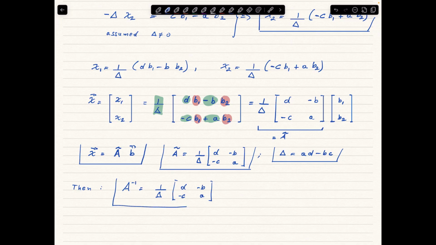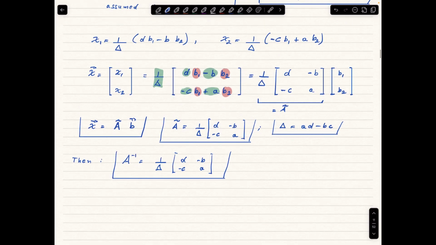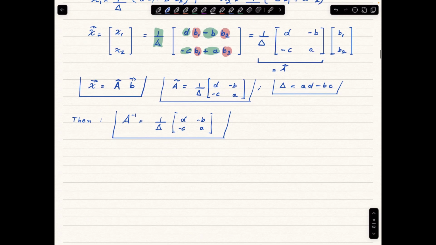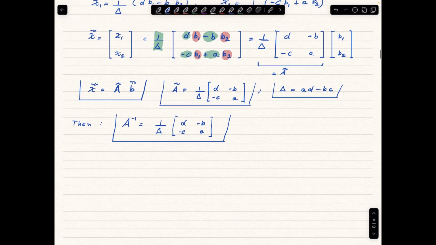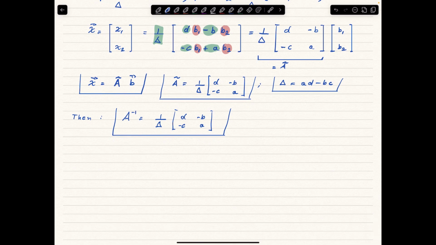So we obtain a formula for the inverse matrix. So maybe it's a good idea to check that this is actually the inverse matrix. So that is the exercise, but let's check.